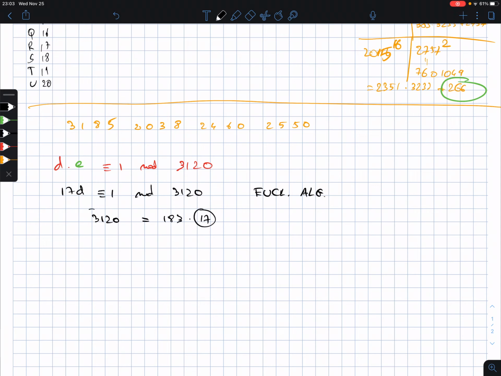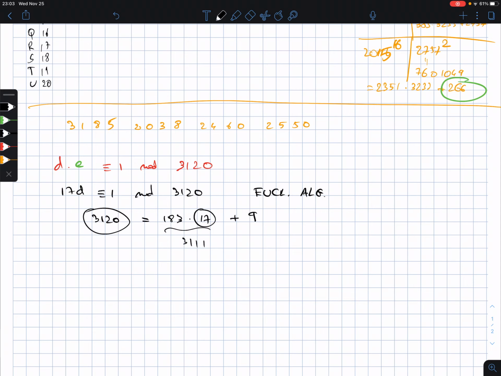Now remember, we're going to have to do this backwards, right? We're going to have to write 1 as a linear combination of these two numbers that I have circled. That's the Bezout form. So I'm already preparing myself for that. So 183 times 17 is 3111, so I'm off by 9, plus 9.